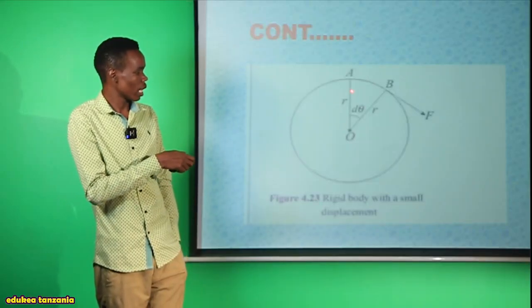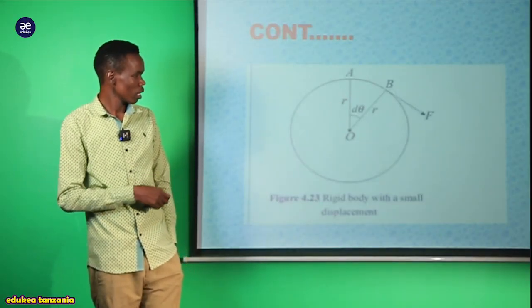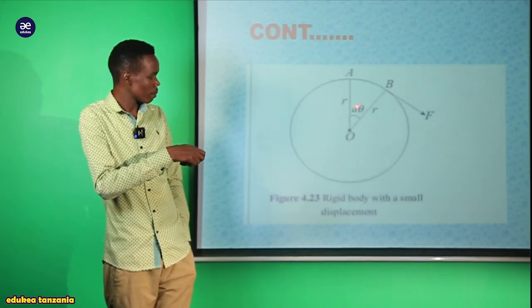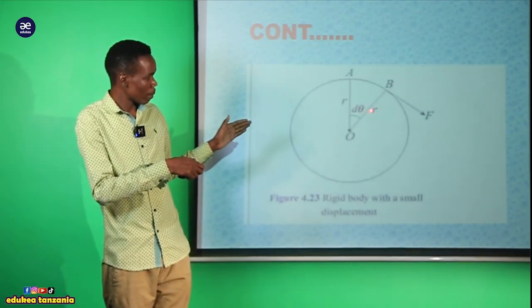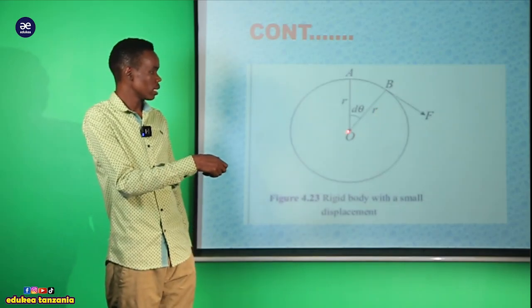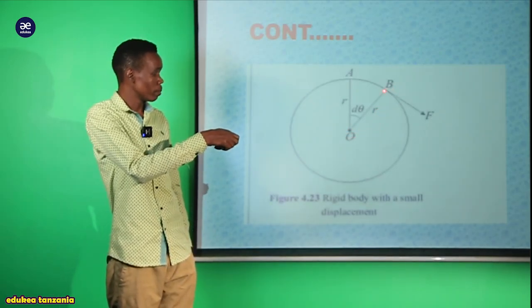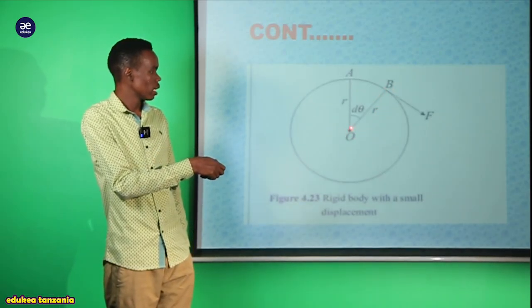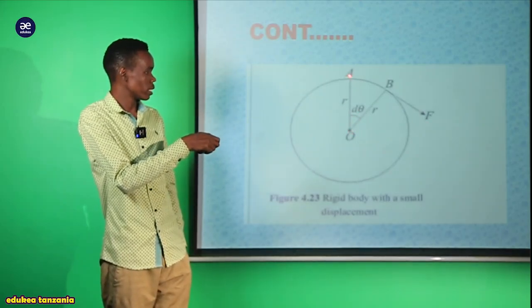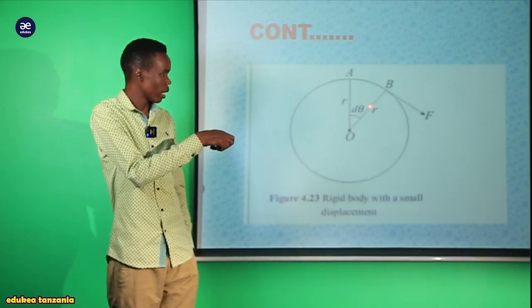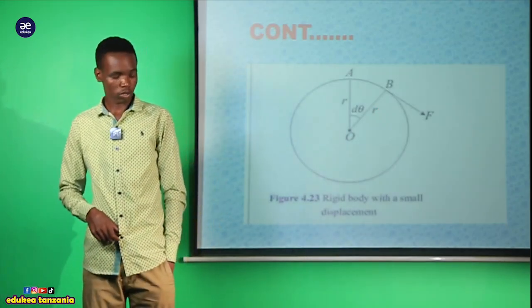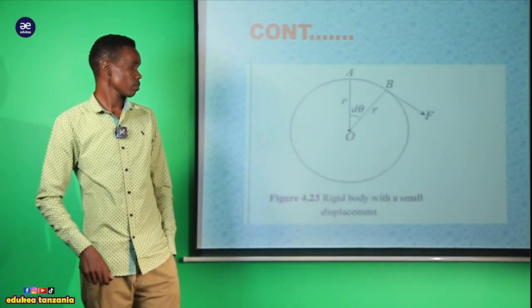This small displacement occurs between the two radii: radius 1 from O to point B, and radius 2, which is the same, from O to point A.